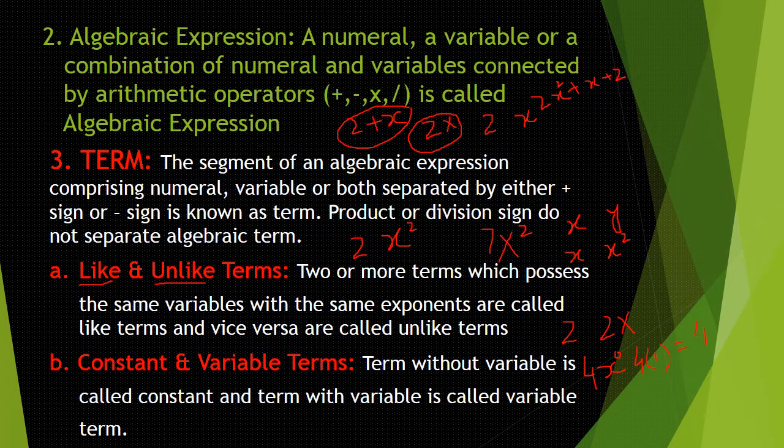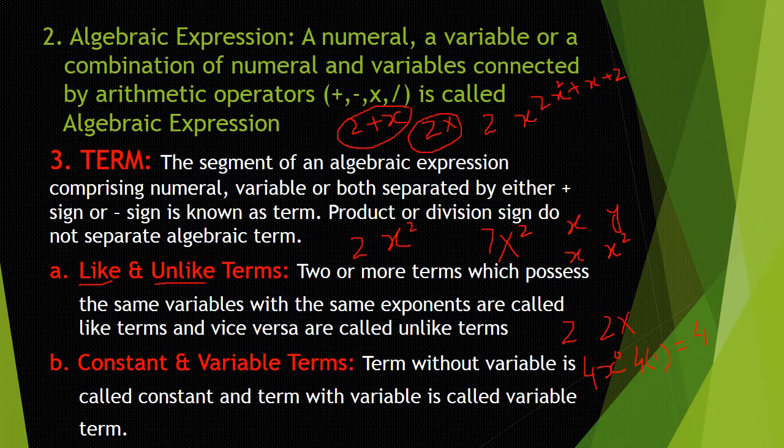For example, 2 plus x. It is an expression in which 2 has been separated from the x by a positive sign. So here 2 is a separate term and x is a separate term.